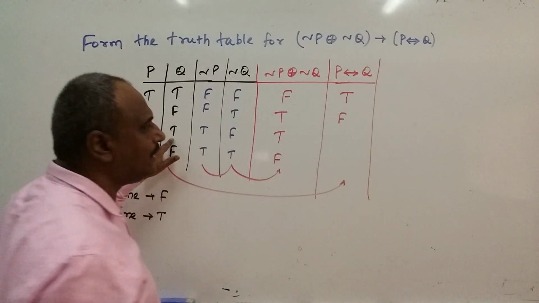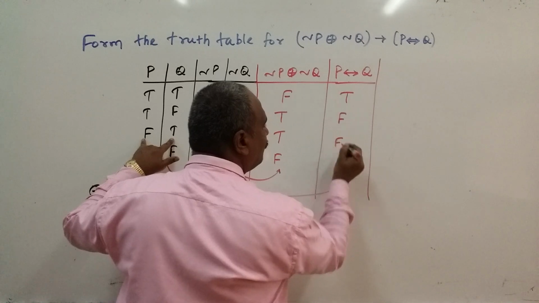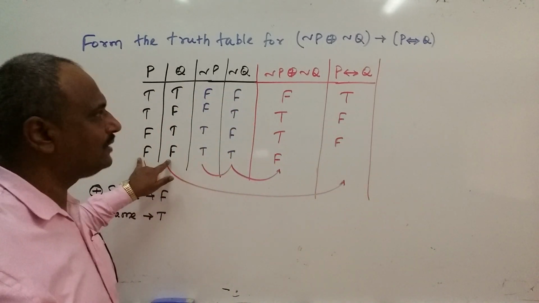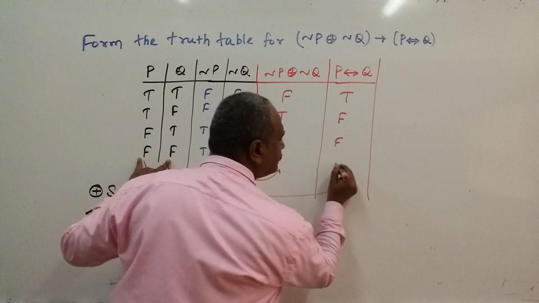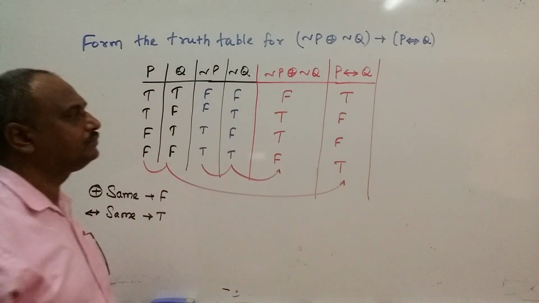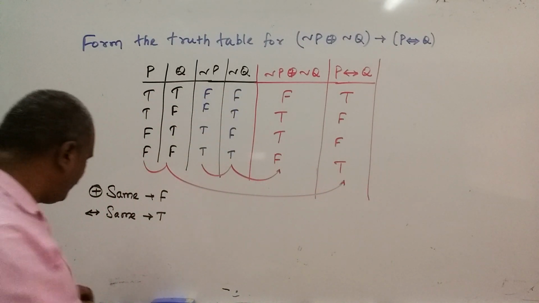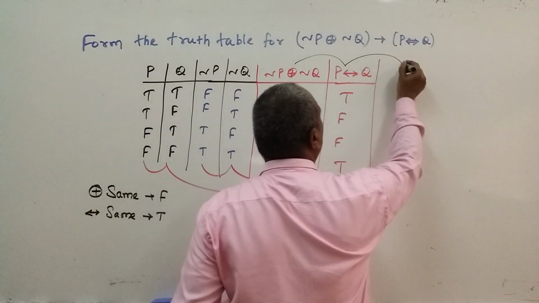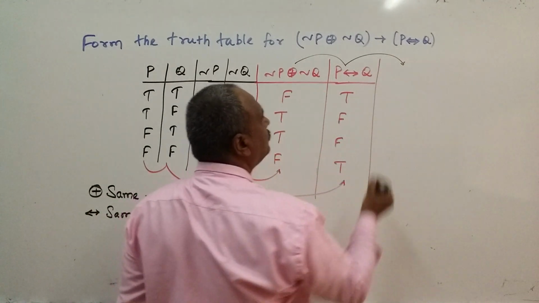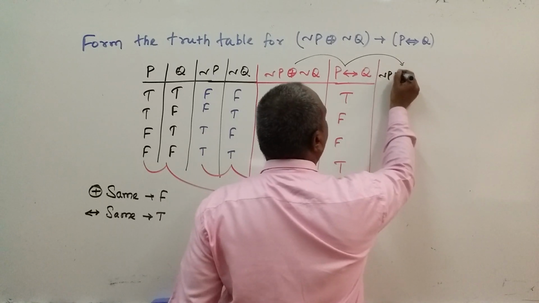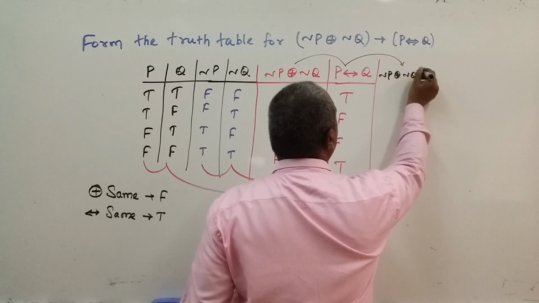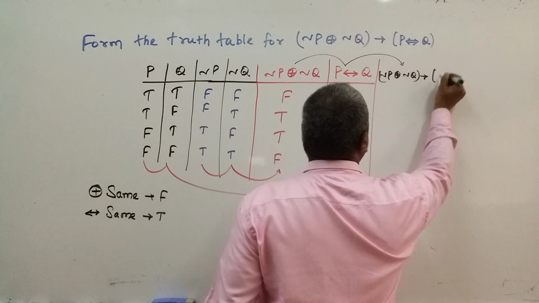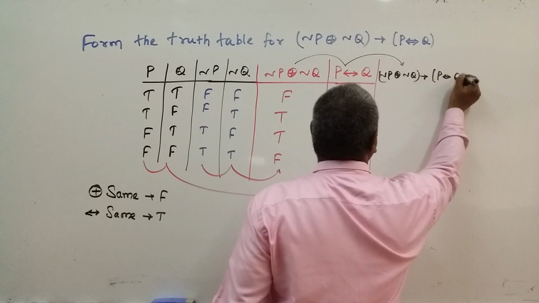False, true: different, so the result is false. False, false: same, so this is true. Now I am going to combine this and this to find the final output. We need negation P exclusive OR negation Q implies P double implies Q.